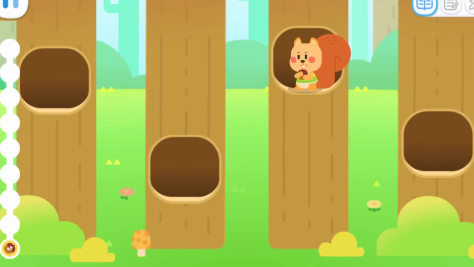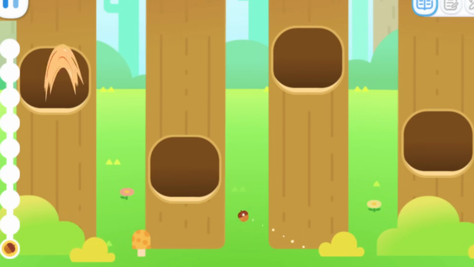I see a squirrel. Another squirrel appeared.